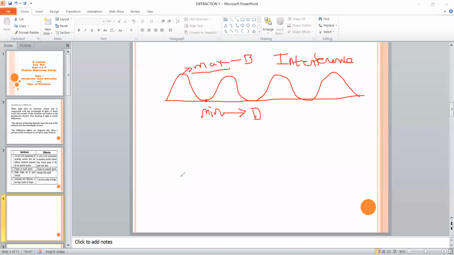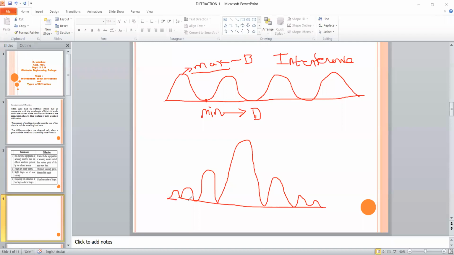Now, what is the intensity distribution curve for diffraction? I will show that. So this is the intensity distribution curve for the diffraction phenomenon.